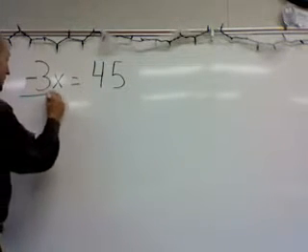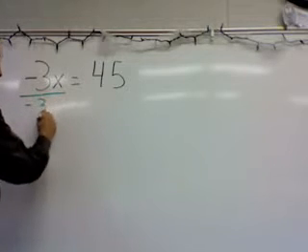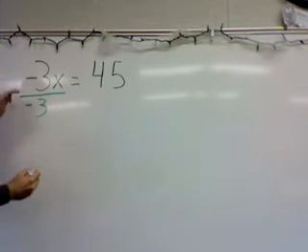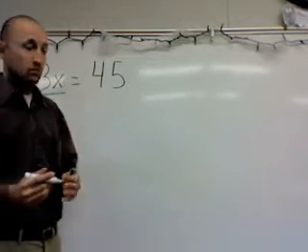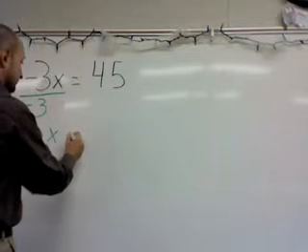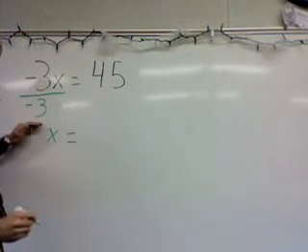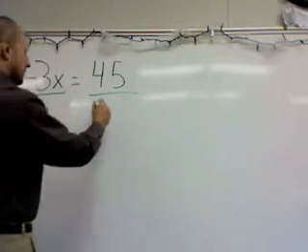So I'm going to put a fraction bar underneath this to show that I'm doing division. And negative 3 divided by negative 3 is going to be 1, which is just going to leave me with my x now. And since I did this by negative 3, I have to divide this by negative 3.